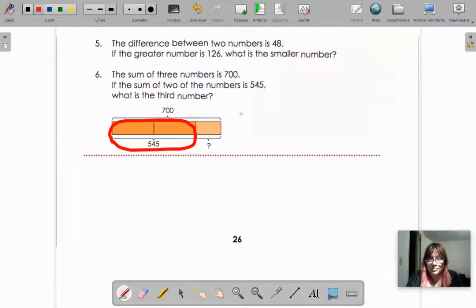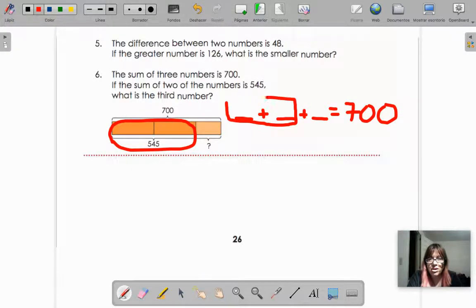Okay? Another way it would be this plus this plus this equals 700. Okay? So they are telling you that these two parts, imagine they become one part. They are already telling you that these two parts is 545. So this is the part that we don't know.